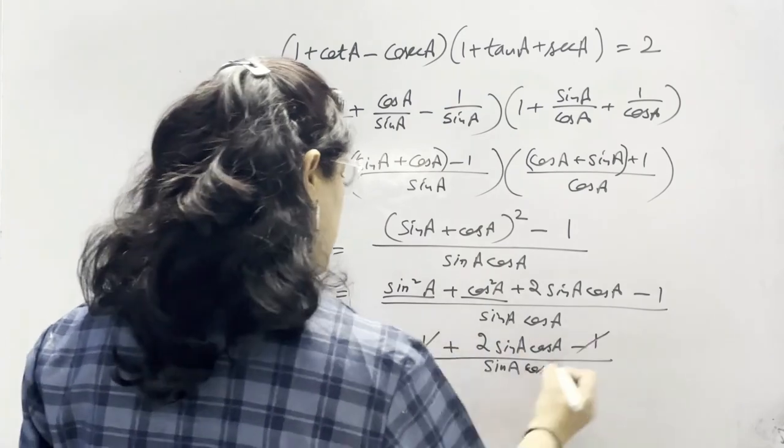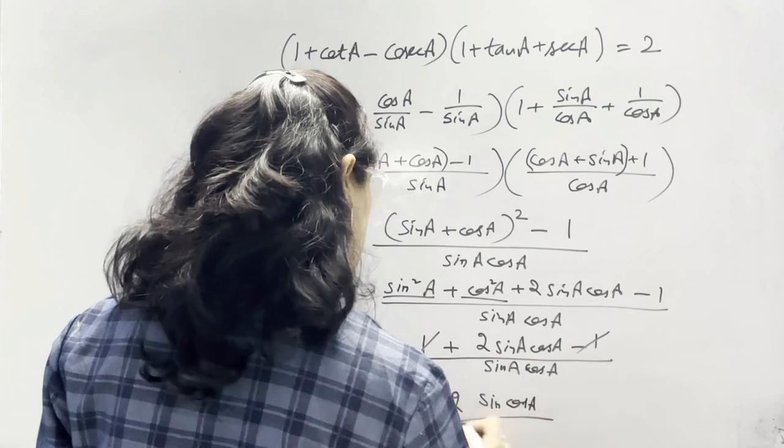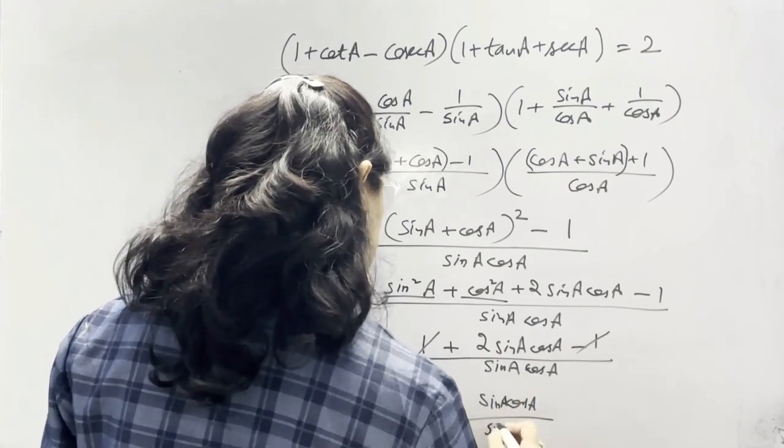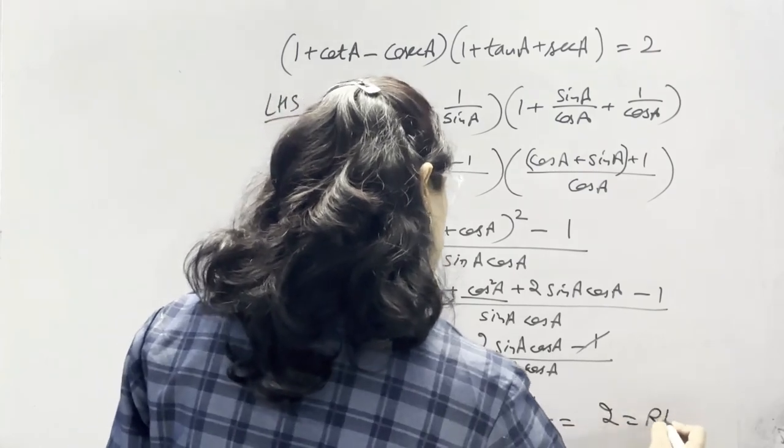So 1 minus 1 is cancelled, 2 is intact, sin A and cos A is again cancelled in the numerator and denominator. So answer is 2, which is our right hand side.